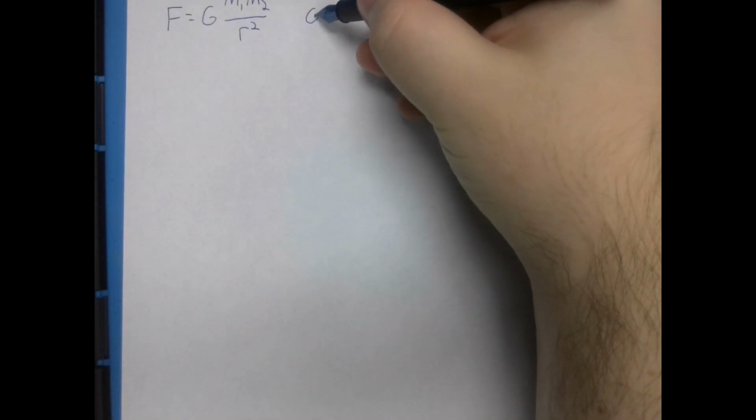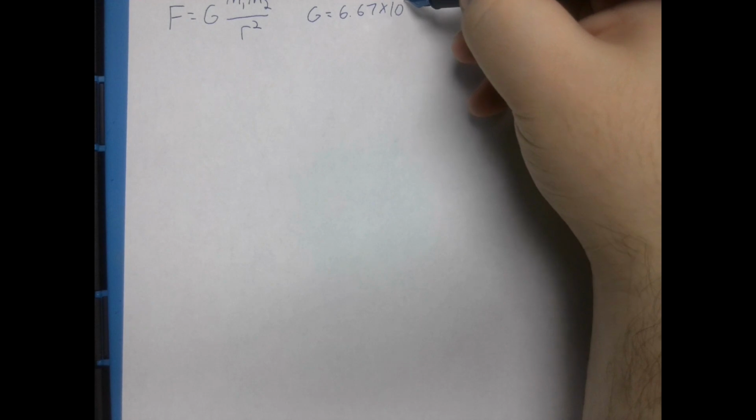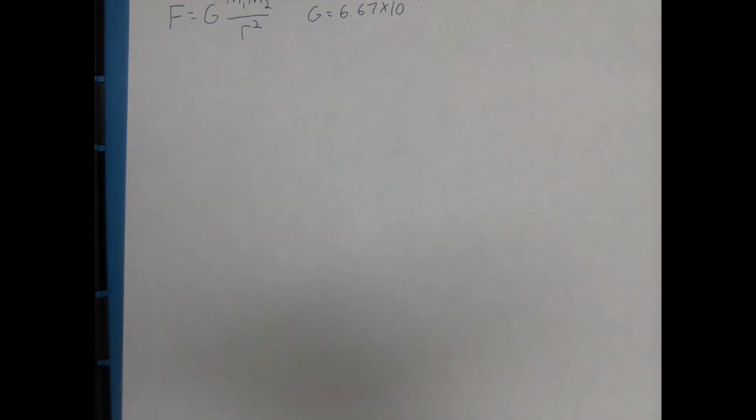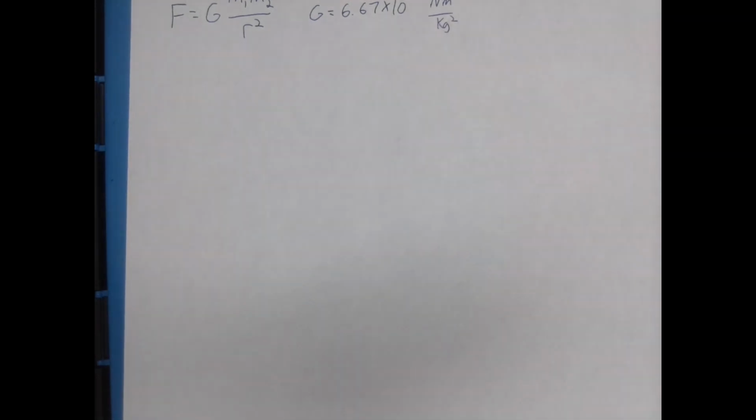So our equation is F equals gravitational constant G times m1 m2 over r squared, where G is equal to 6.67 times 10 to the negative 11, in newton meter squared over kilogram squared.